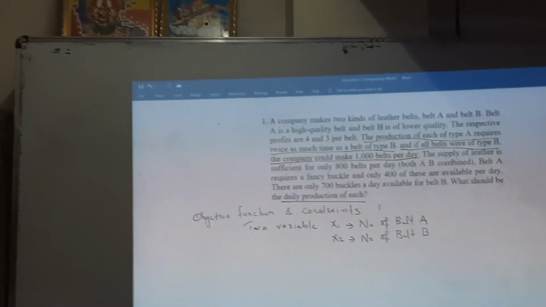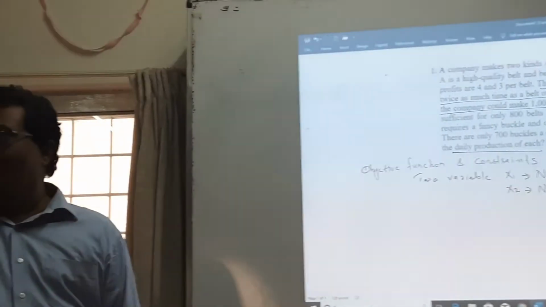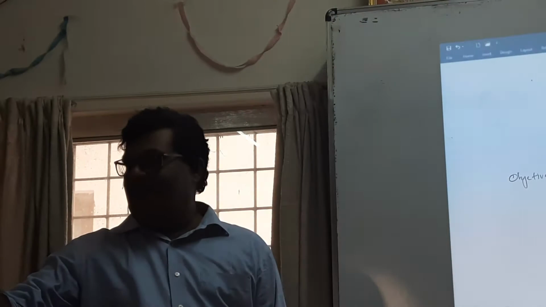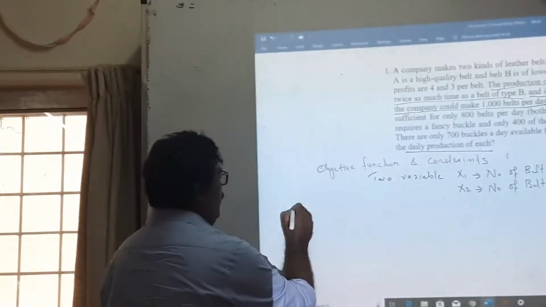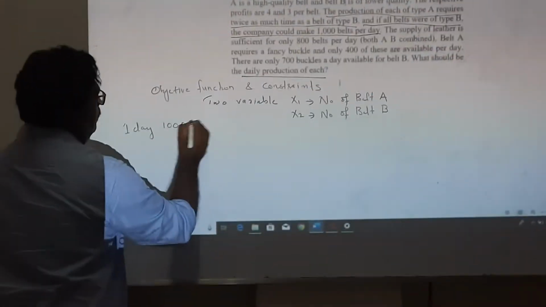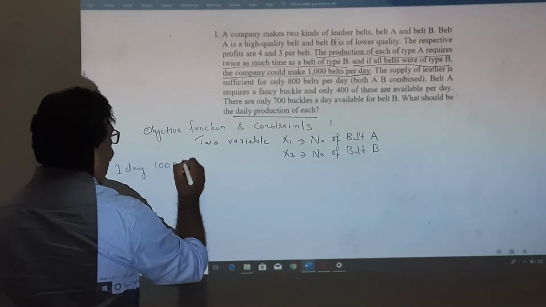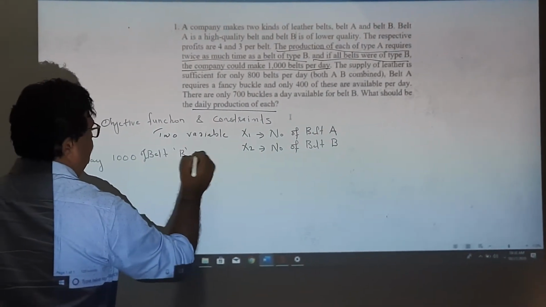So in one day, how many of B can be made? 1000 of B can be made. So in one day, 1000 of belt B can be manufactured.